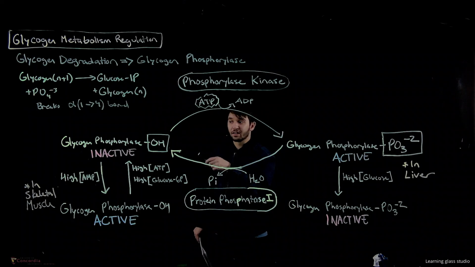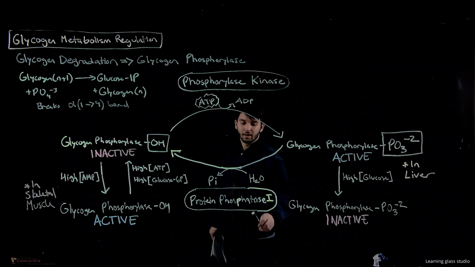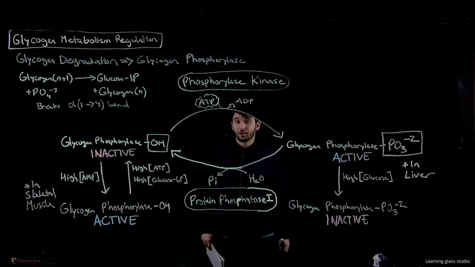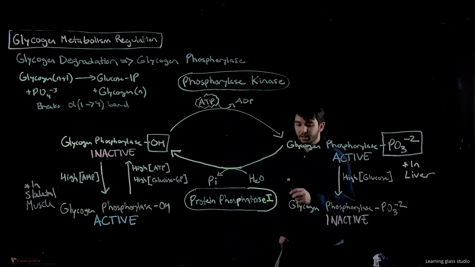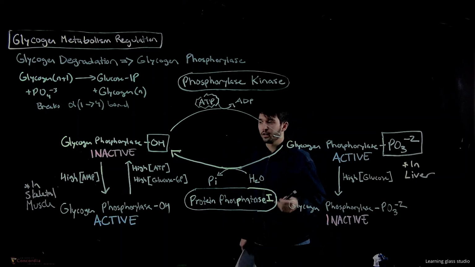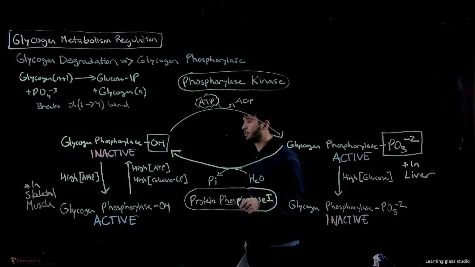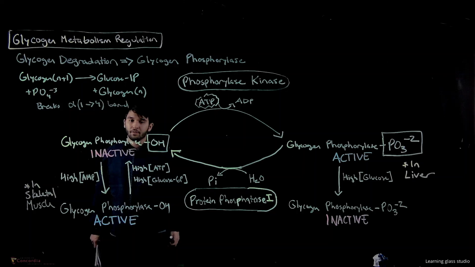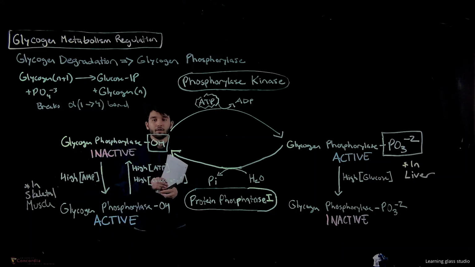Now to inactivate glycogen phosphorylase, this is being done by a phosphatase. This is being done by protein phosphatase 1. So protein phosphatase 1 will use water. This is a hydrolysis reaction to remove the phosphate group from glycogen phosphorylase and inactivate it. So, okay, it's under regulation by reversible phosphorylation.